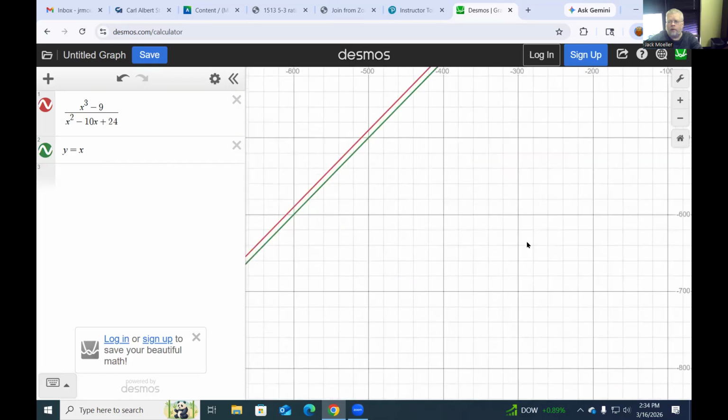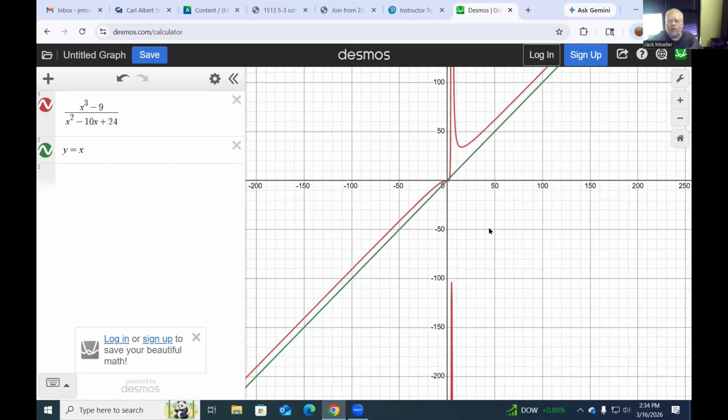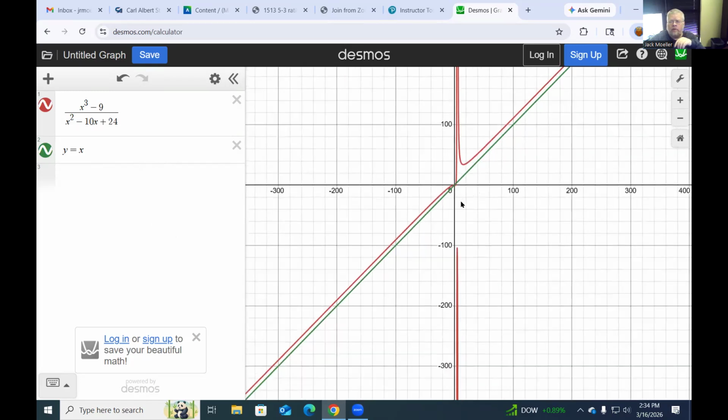Now it's not always just y equals x. It could be any y equals mx plus b. To know that requires the long division. I'm just doing really basic examples here, but if we had this case, then when we ask you where's the horizontal asymptote, you would say there is none. Okay, because the degree of the top is larger than the degree of the bottom, so there's no horizontal asymptote, it's a slant asymptote instead.